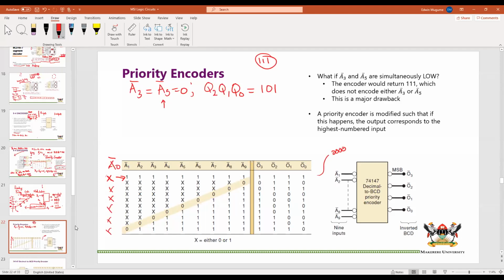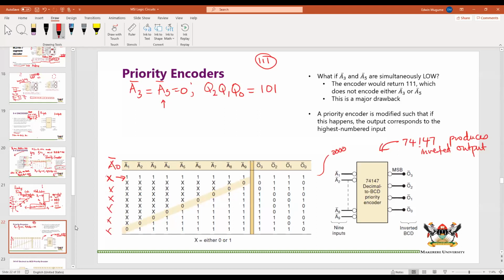The problem with this is that this priority encoder, which is the 74147, produces inverted outputs. This is a 4 output, it's a BCD output. So in fact, this is really a decimal to BCD priority encoder.